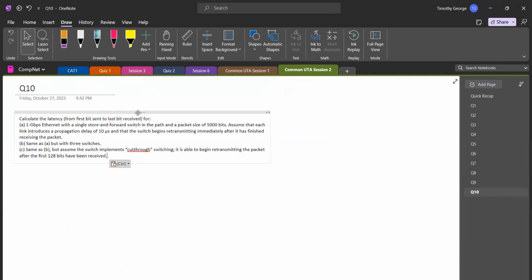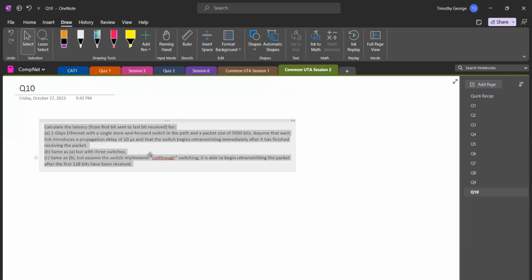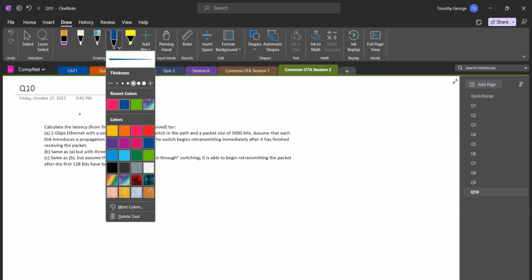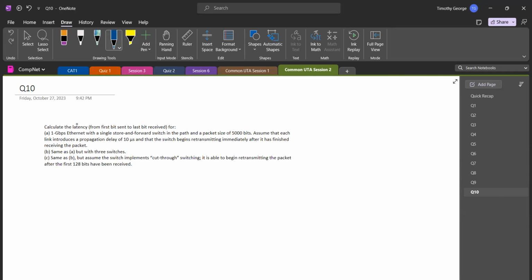Okay, so this is an interesting question because it has some new concepts that are actually out of syllabus, but we're still able to do this problem with what we know. Question is calculate the latency from first bit sent to last bit received, so basically they're saying total delay.